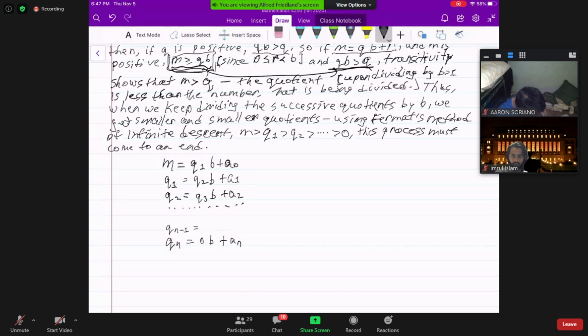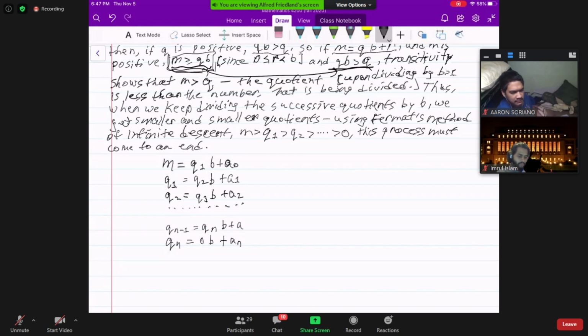So look at the pattern that we have. Look at the top 3. For instance, q sub 2 equals q sub 3 b plus a sub 2. So the subscript on the new quotient is 1 higher, namely 3, than the q at the left. So this will be q sub 1 more than n minus 1, which is q sub n, b plus a sub, and then the subscript on a is the same as the subscript on q. Look over here, q sub 2, and then there's an a sub 2.